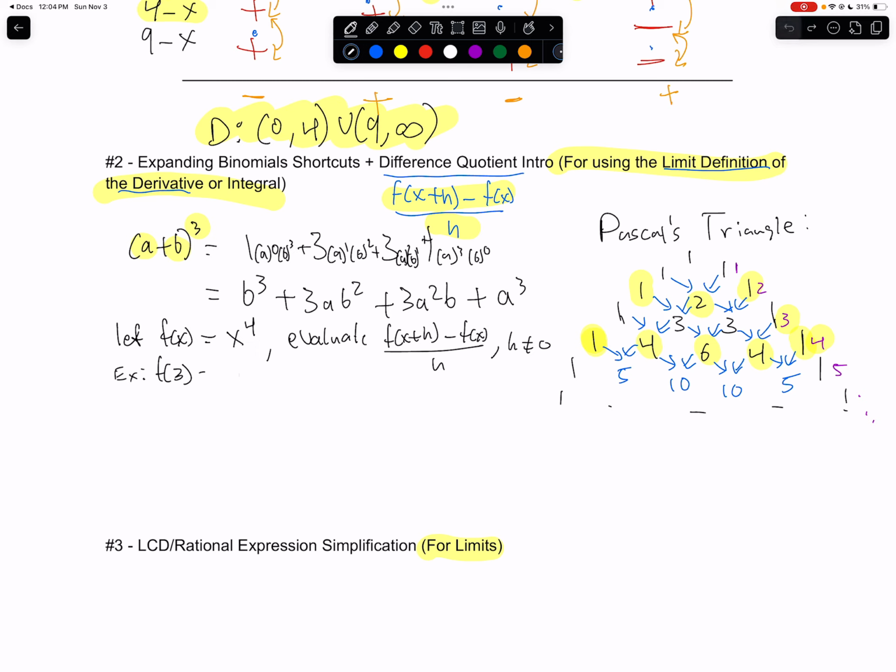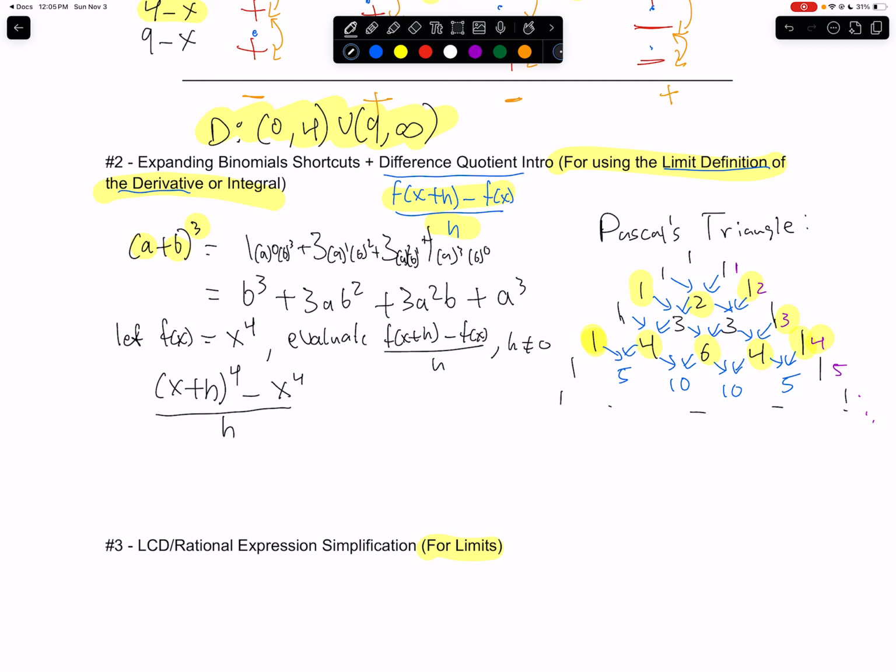Same sort of concept here. It would just be x plus h to the fourth minus f of x, which is x to the fourth, over h. That should make sense, right? f of x plus h would just be x plus h to the fourth, minus f of x, which is x to the fourth, over h.